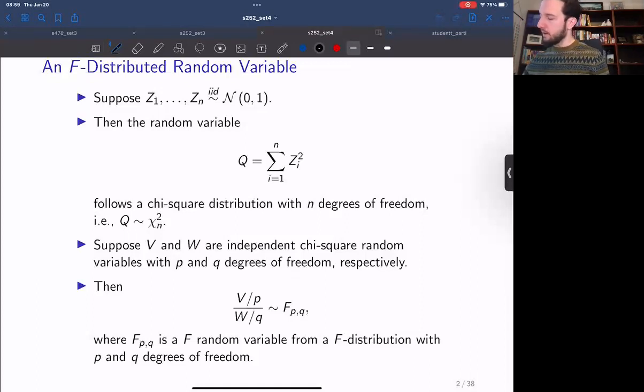All right, so big picture, we're going to use an F random variable. An F is a ratio of two chi-squares. And you'll notice that the F random variable has 2 degrees of freedom associated with it.